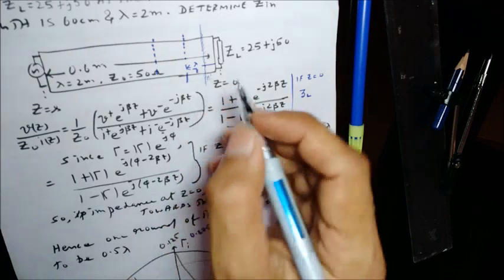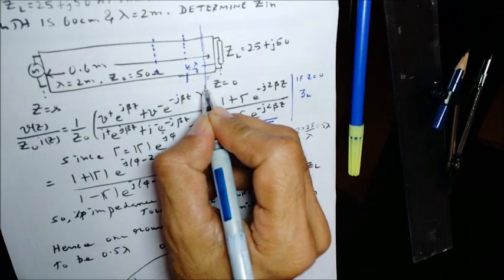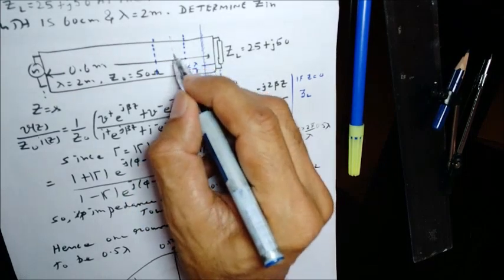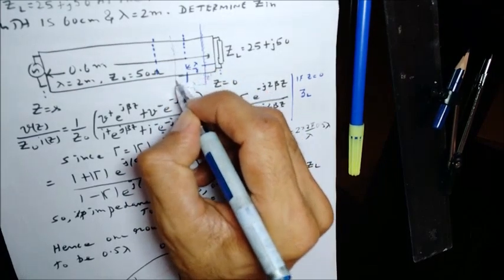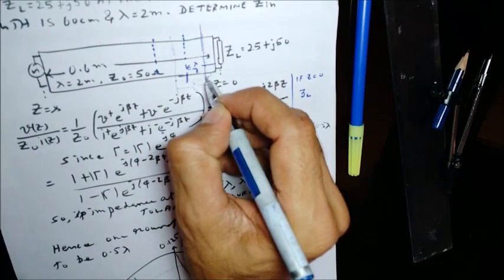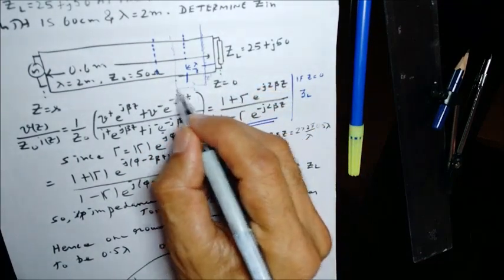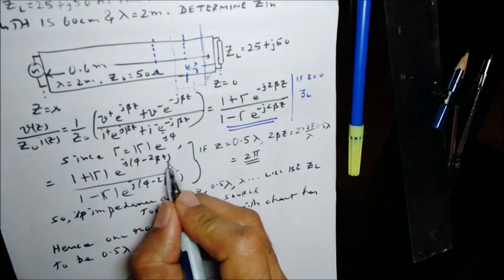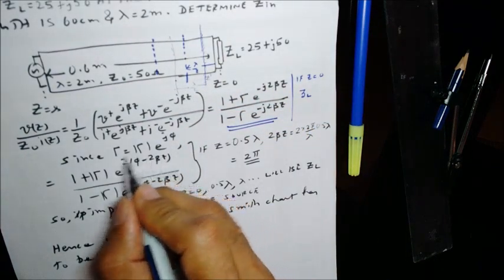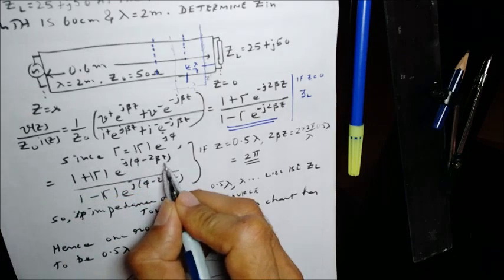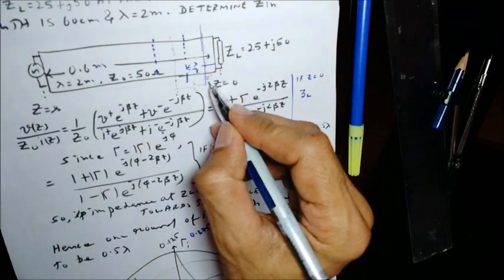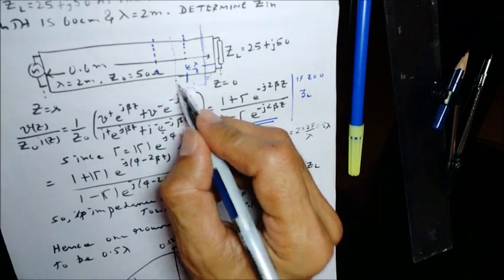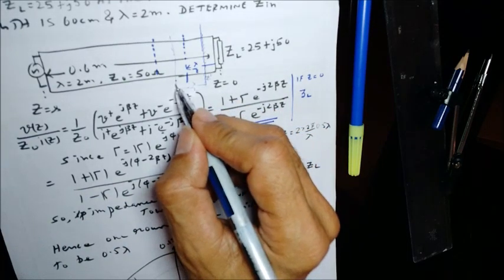Now if I go lambda by 2 in this direction towards the generator, the impedance here should also be the same as the impedance here, because you have gone an extra distance of lambda by 2. So z dash plus lambda by 2. By the same argument as earlier, you will end up getting the same as what it is when z is equal to z dash, as well as when z is equal to z dash plus lambda by 2, z dash plus lambda.